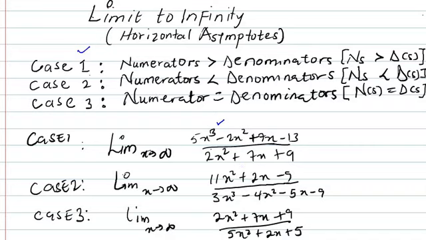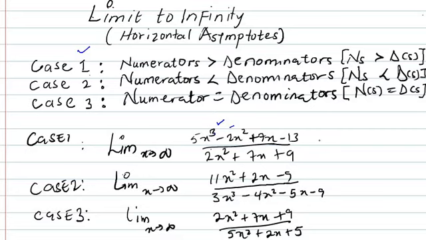So in this case we have the limit as x goes to infinity of 5x cubed minus 2x squared plus 7x minus 13, all over 2x squared plus 7x plus 2. Which one is greater? Actually the numerator is greater because it has the highest power. It has degree 3.